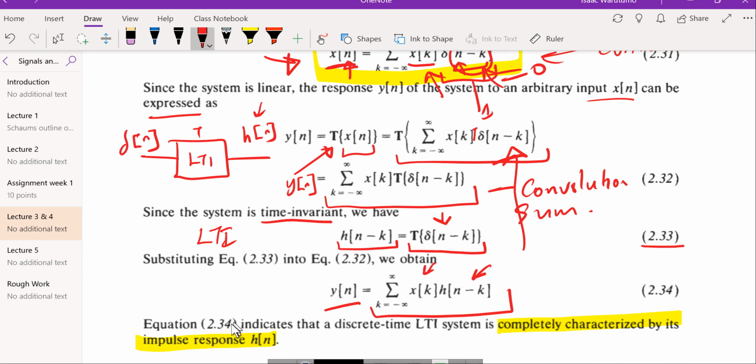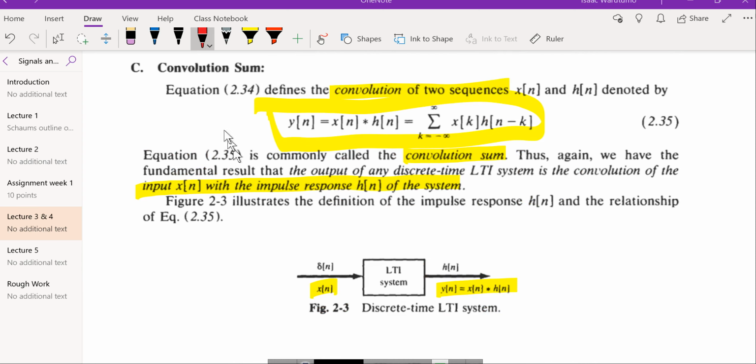And you see that equation 2.34 indicates that a discrete time LTI system is completely characterized by its impulse response h of n. How we have defined the convolution sum is summarized in this section, where equation 2.34 defines the convolution of two sequences x of n and h of n, denoted by x of n convolved with h of n, giving you y of n.